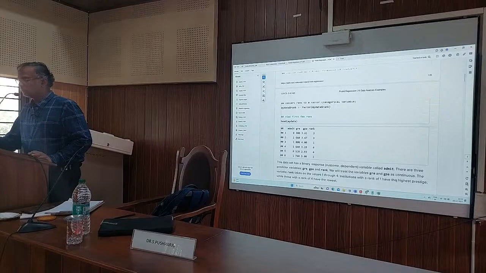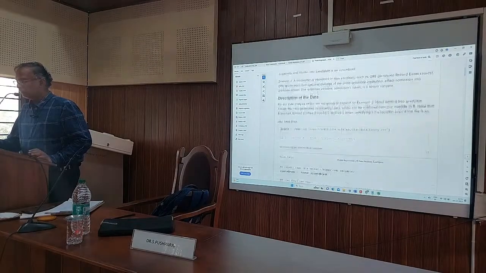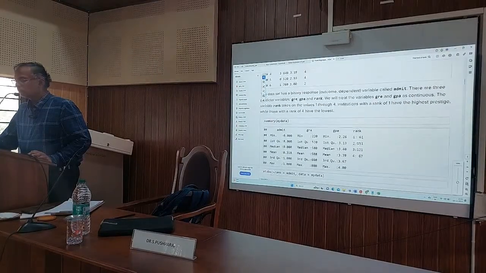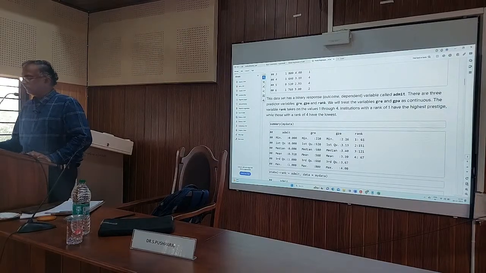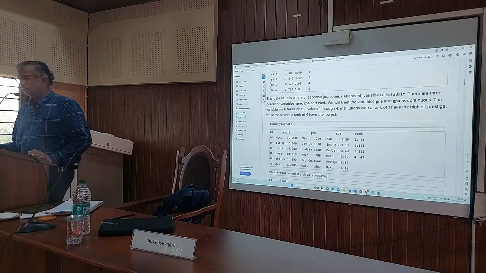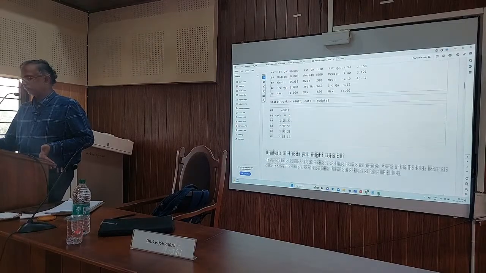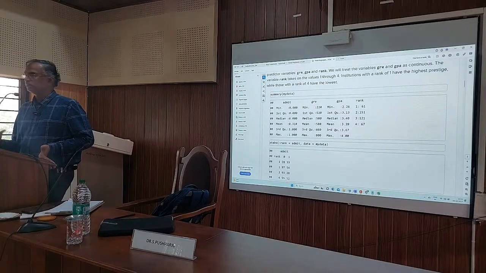Let me check what this rank variable is all about. Rank takes on the values 1 through 4. Rank 1 is the highest percentile, while those of rank 4 have the lowest. The percentile values are taken.